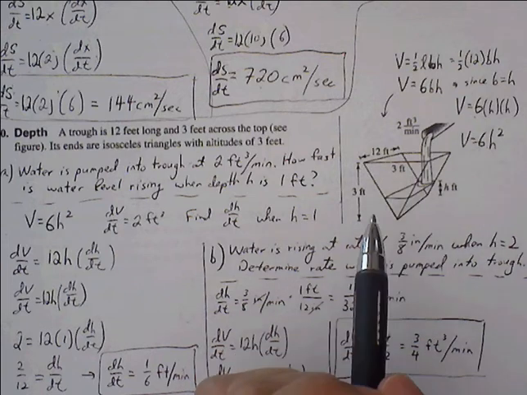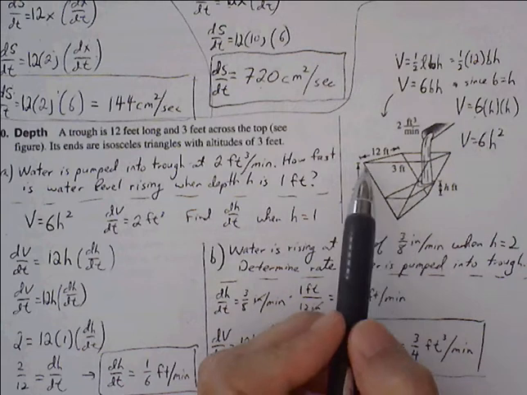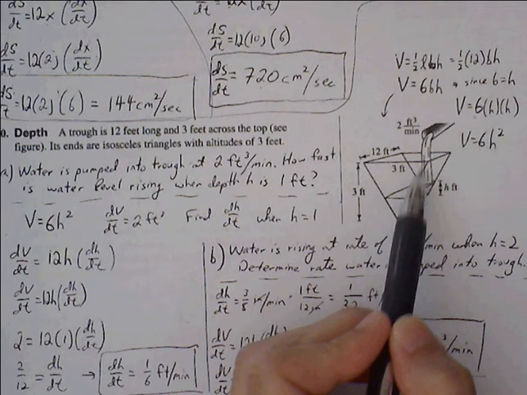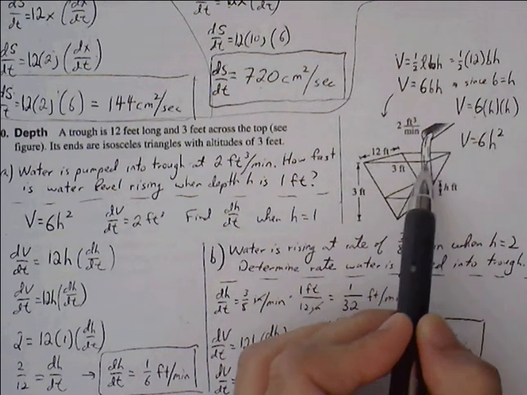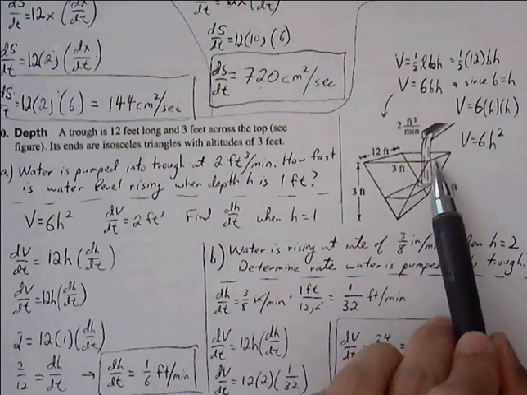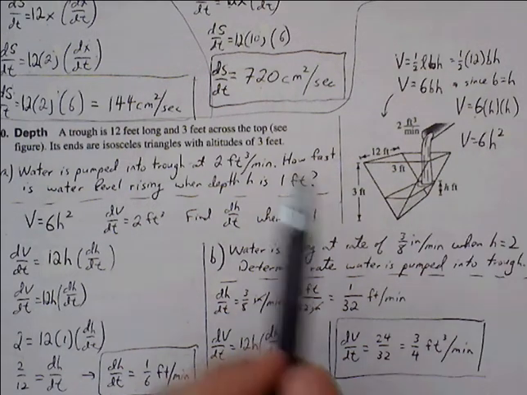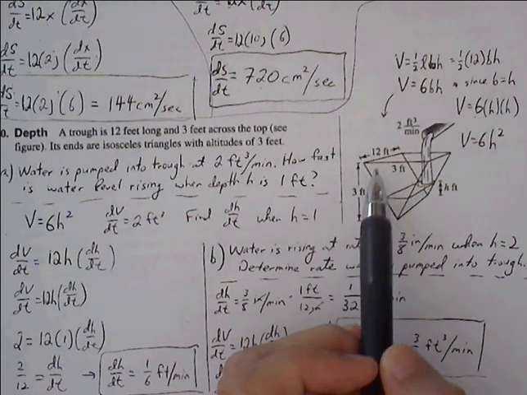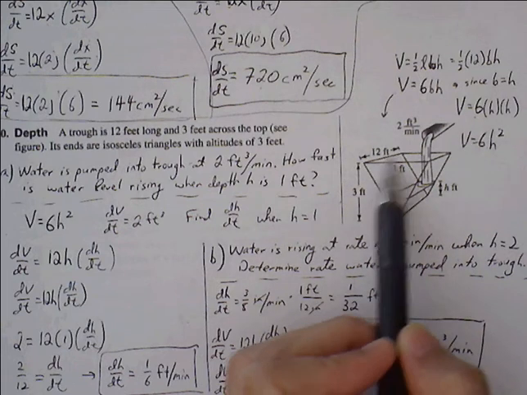So it's a triangular prism here. So we can just basically think of it as the area of this triangle times the length. If we consider the triangle as a base, then the height is going to be this 12. So our volume formula is just going to be 1/2 of base times height, times 12.